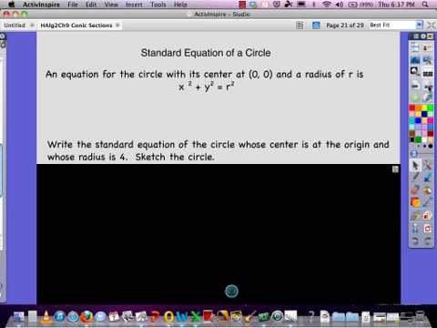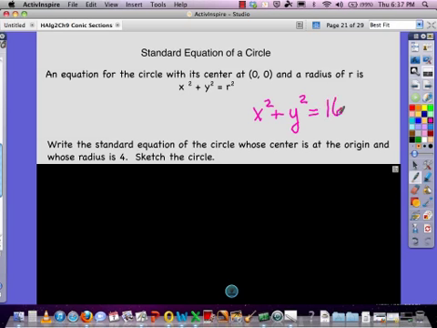X and y are. So the first question says write the standard equation of a circle whose center is at the origin and whose radius is 4. Based on what we just did, x squared plus y squared is the circle, and r squared, where r is the radius. Our radius is 4, so r squared can be done quite nicely.